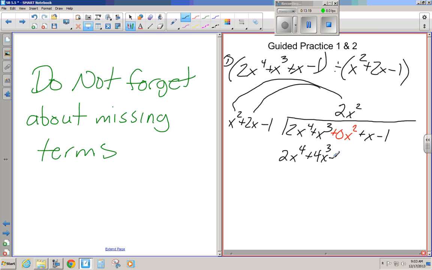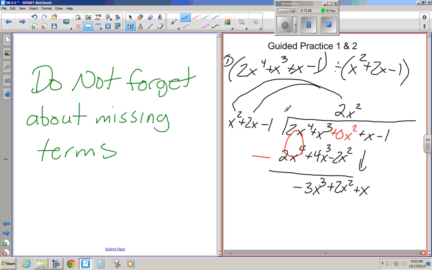And a minus 2x squared. Please do not forget that we are subtracting all of this. So 2x to the 4th, 2x to the 4th, that becomes 0. An x cubed minus a 4, that's negative 3x cubed. And that's a plus 2x squared. And you drop down the next one.